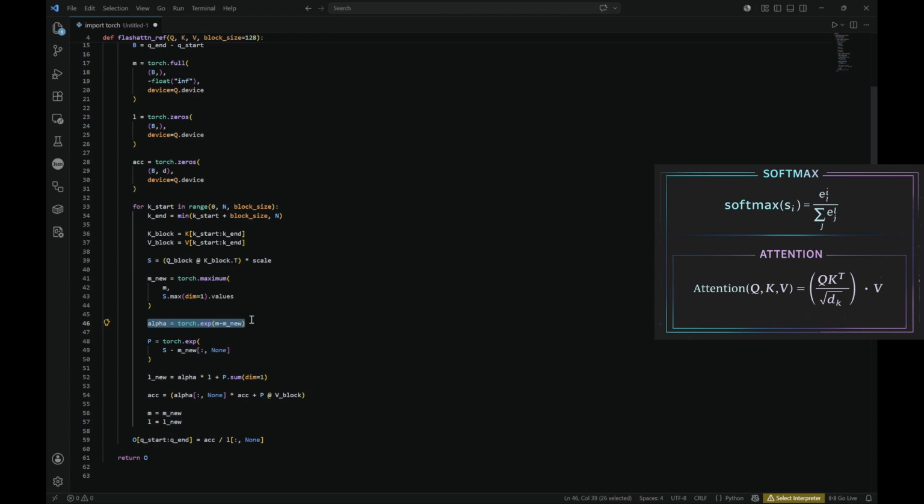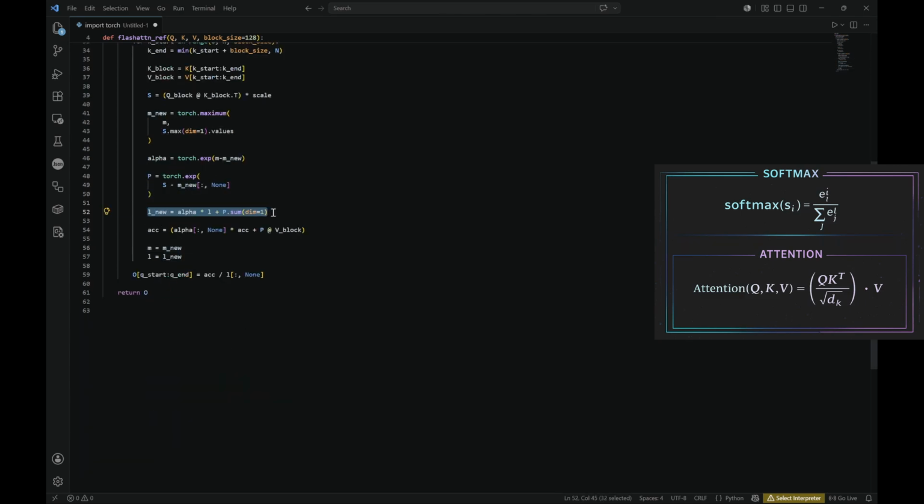So in simple words, alpha contains the maximum of the actual equation, and P is the unnormalized numerator. So one's a maximum, one's a numerator.